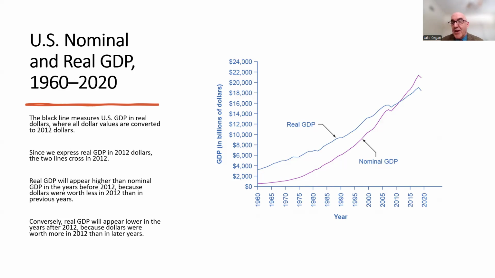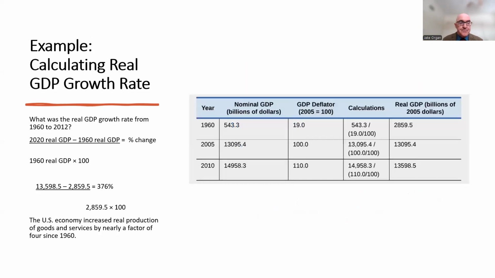Obviously, inflation got very low after the 2008 crash, and so that sort of sent it the other way. But past nominal GDP will normally be lower than real GDP, because obviously for all past values, we've got to inflate the value of the dollars that have been spent.